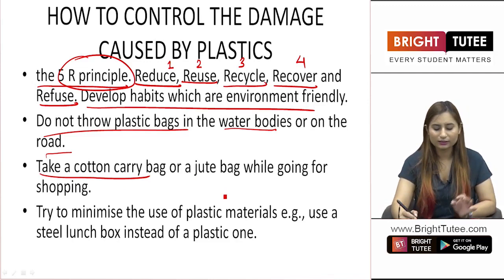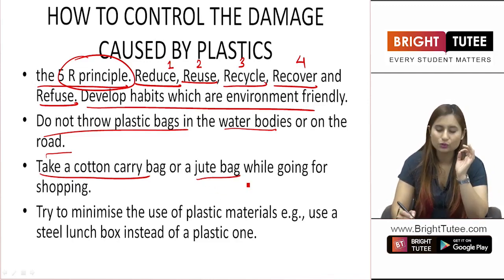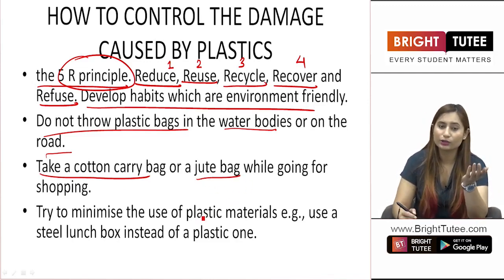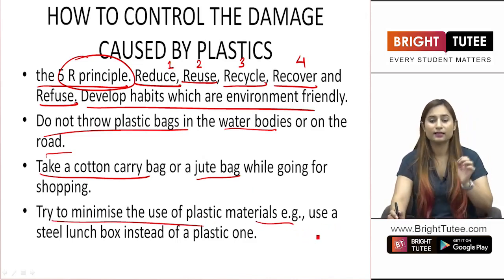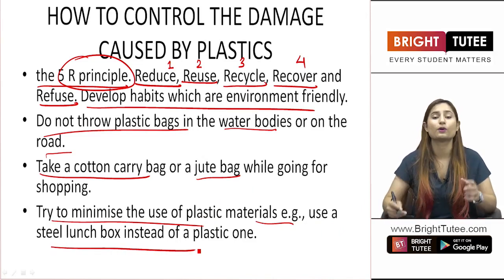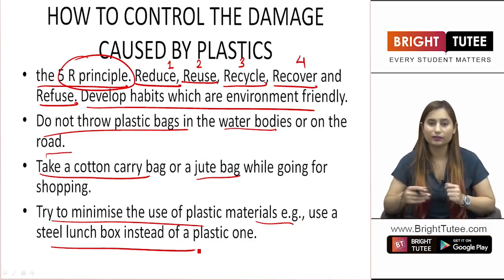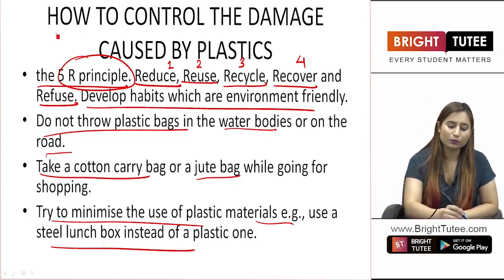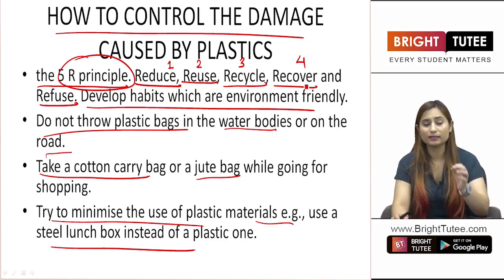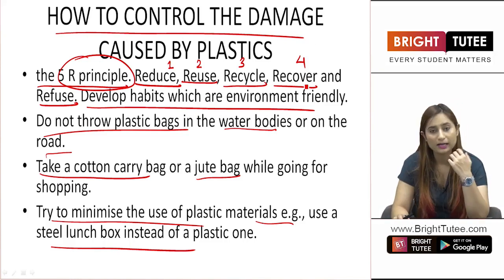Now, take a cotton carry bag or a jute bag while going for shopping. As I told you, for grocery shopping, you must have a cotton or jute bag. Then try to minimize the use of plastic materials. Examples, use a steel lunch box instead of a plastic one, right? So, these are some ways with which we can help to control the damage caused by plastics. We basically have to control plastics as such.